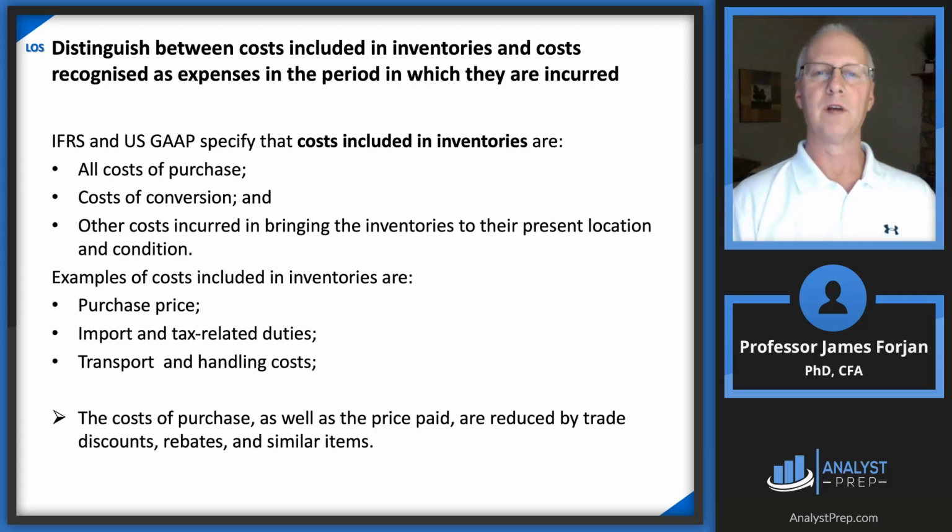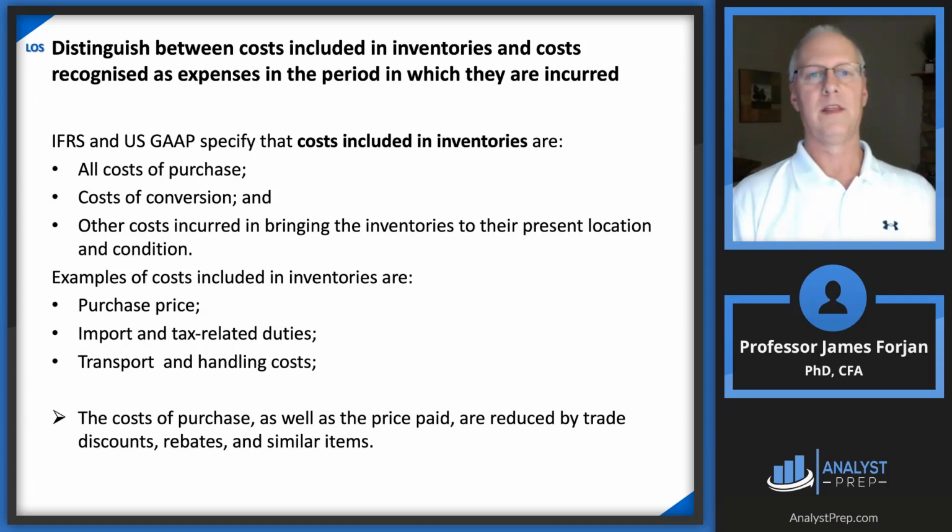And I want you to think of going from all of these individual parts, whether it's the tire, the wheel, the gas tank, the handlebars. And so they manufacture all these things and they put them together in the process of completing the finished good. The question becomes, which costs should be included as an inventory and which costs should be excluded as part of inventory and then recognized as an expense?